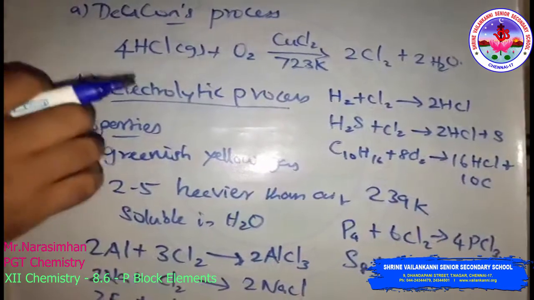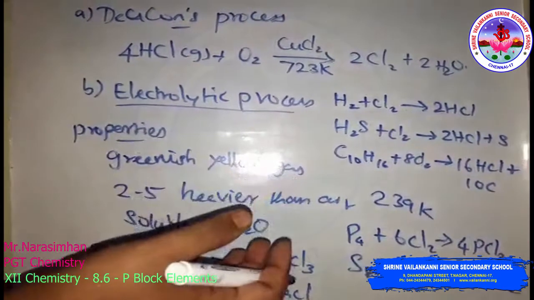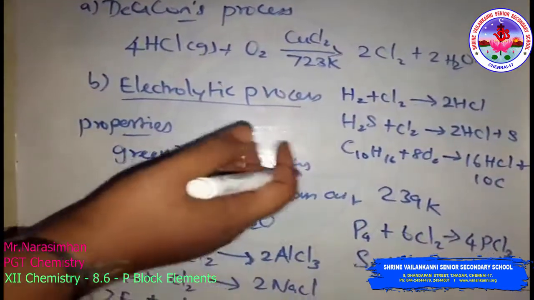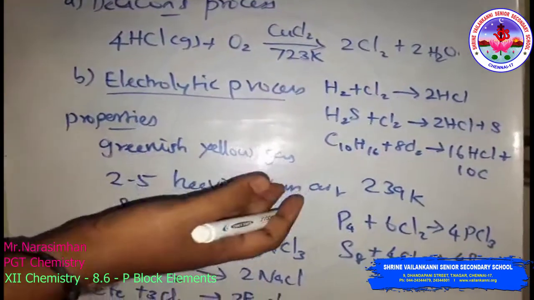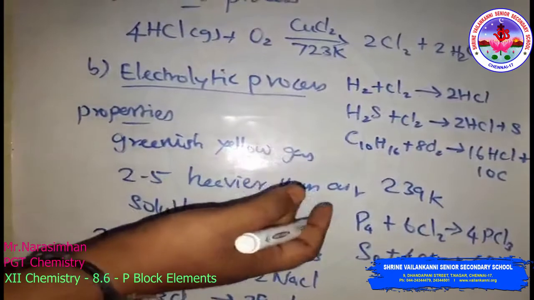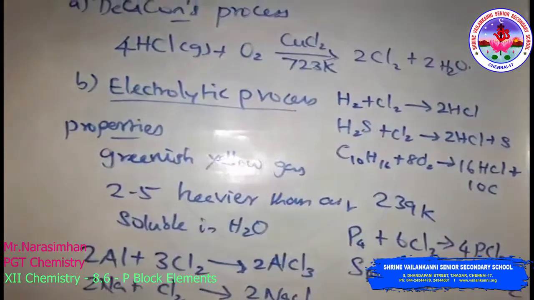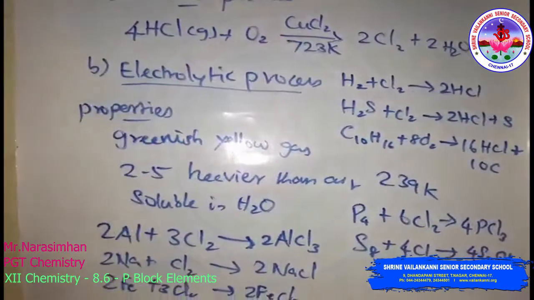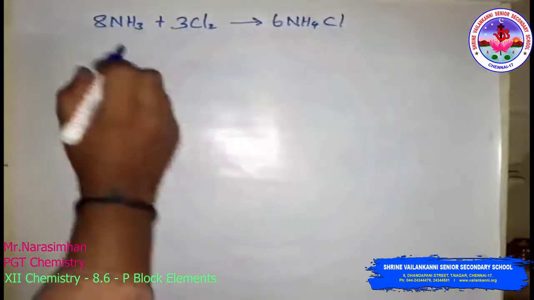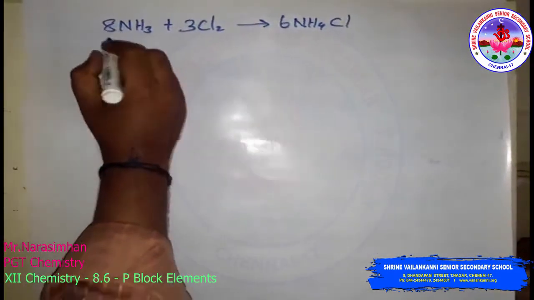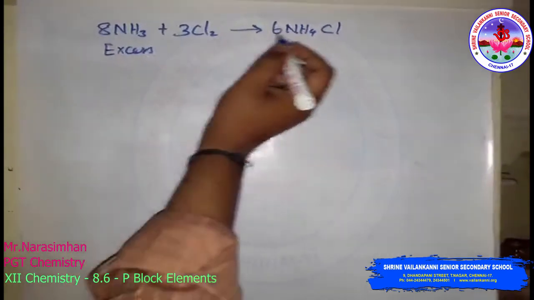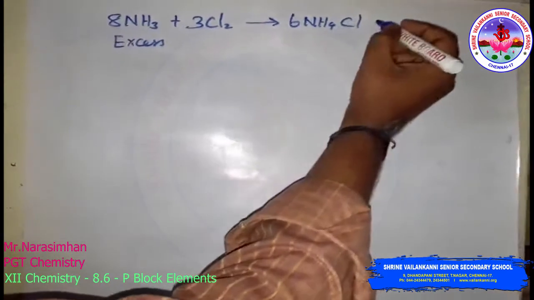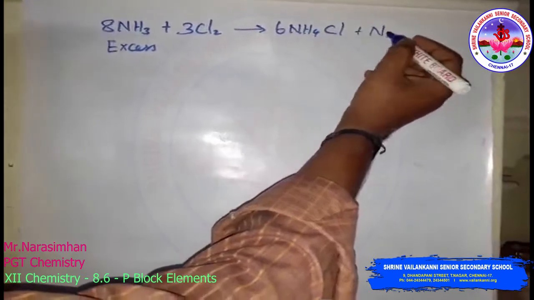Here we can see that with excess of ammonia, chlorine gives nitrogen and ammonium chloride, whereas with excess of chlorine, nitrogen trichloride is formed. That is the explosive one. We will see the reaction here. Excess of ammonia reacts with chlorine to form ammonium chloride and nitrogen gas.